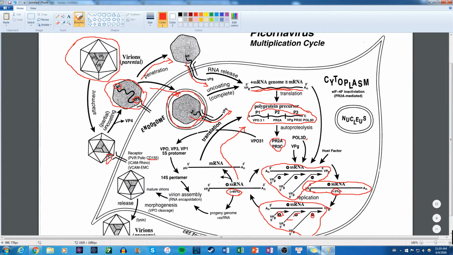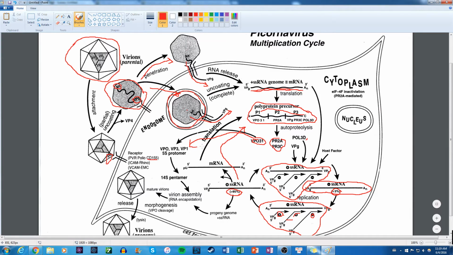Long story short, with the huge amount of positive single-stranded RNA, you can now make a bunch of proteins all at once. This arrow starting from VP0-3-1 is just showing protein maturation.